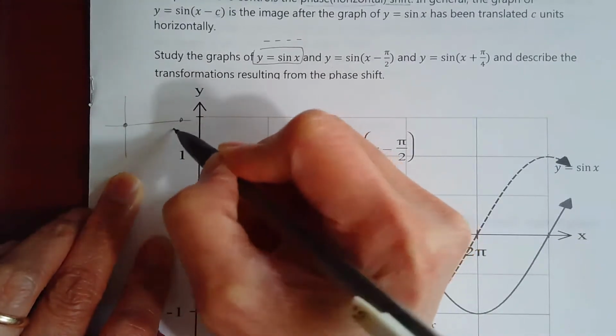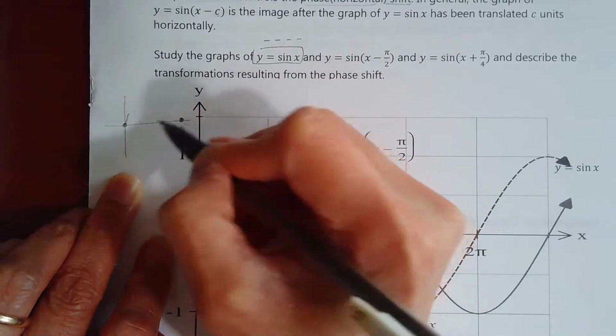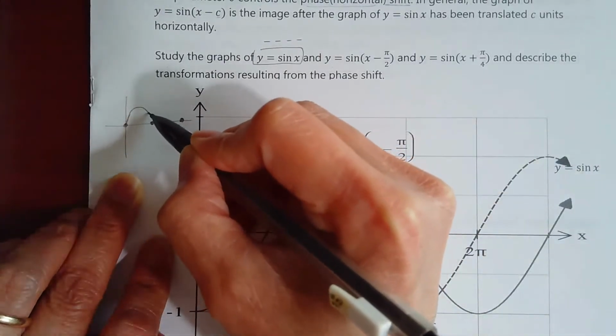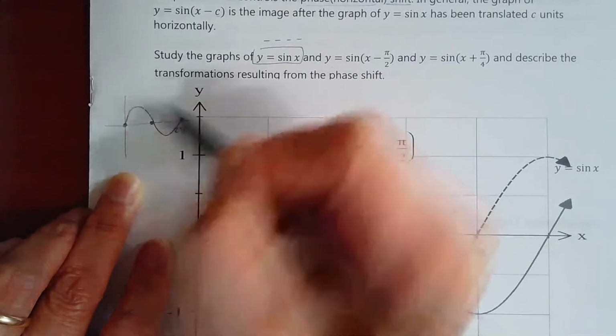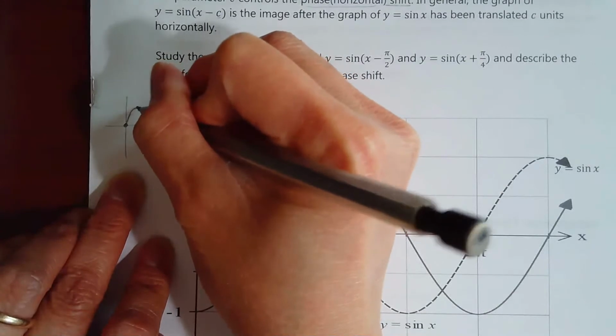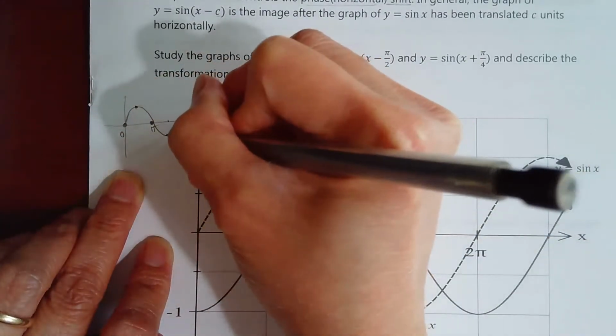It starts with 0 to 2 pi, and then in the middle is also 0, maximum, minimum. That's what the sine of x looks like. These are the key points we talked about yesterday.